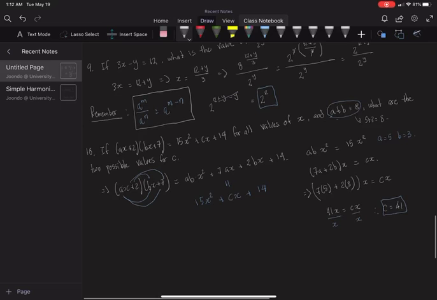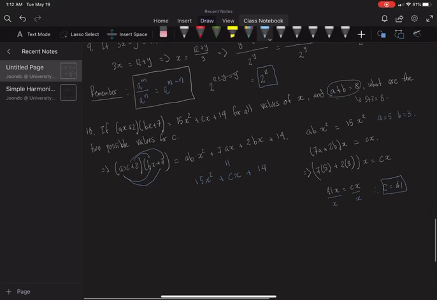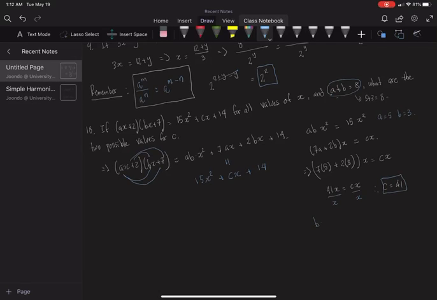Okay, now ab is this, right? So now suppose b equals 5 and a equals 3, because after all, 3 plus 5 is also equal to 8. So this is also a possible combination. So we do the same thing. We have an equation, 7a plus 2b times x is equal to cx.